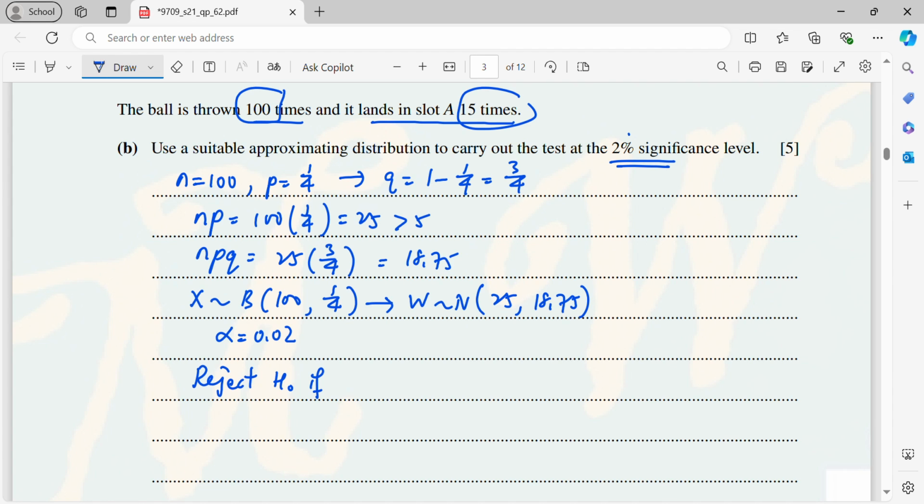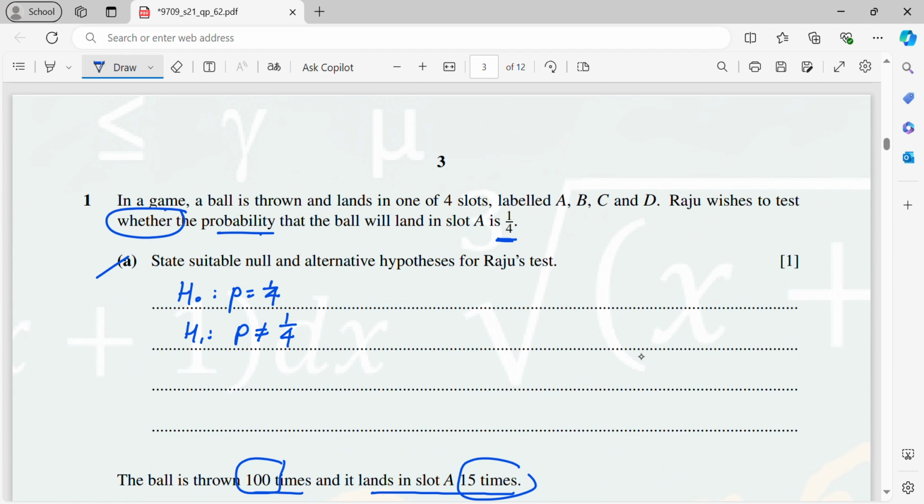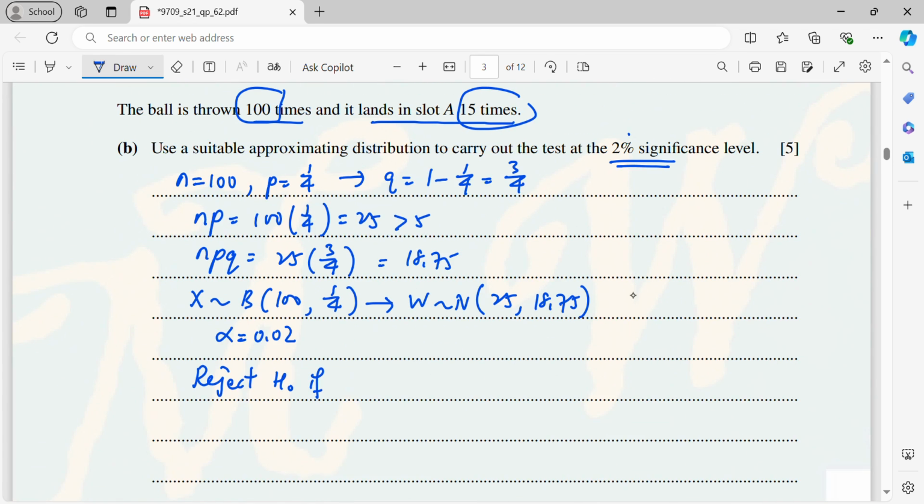Because this is a two-tail test, the total is 0.02, so each tail is 0.01. So I will say reject H0 if the probability of Z less than Z is 0.01.